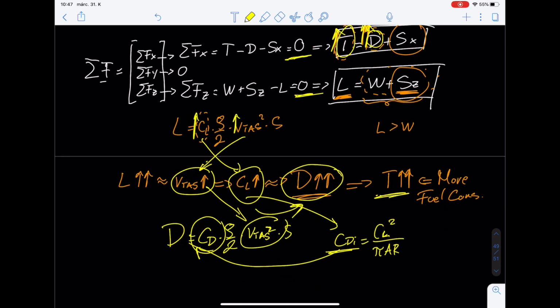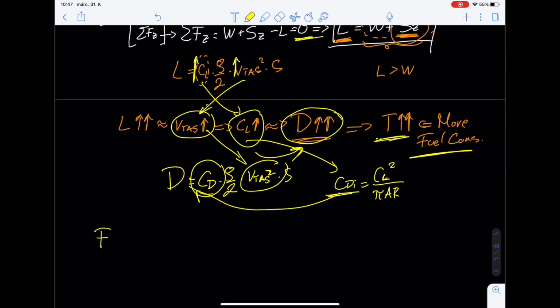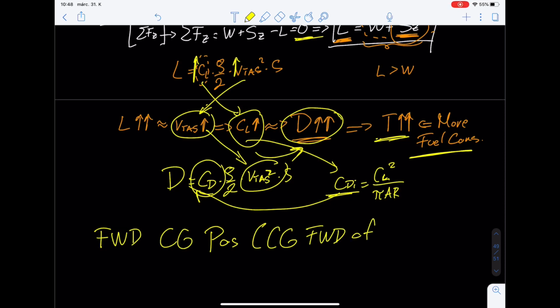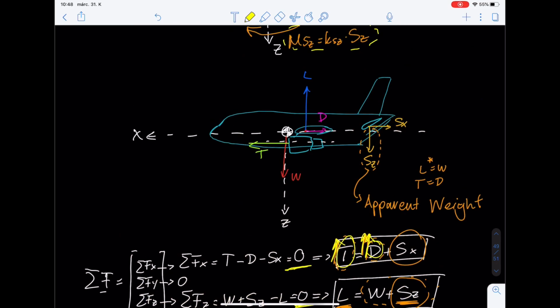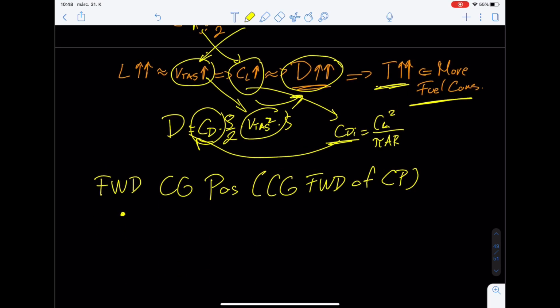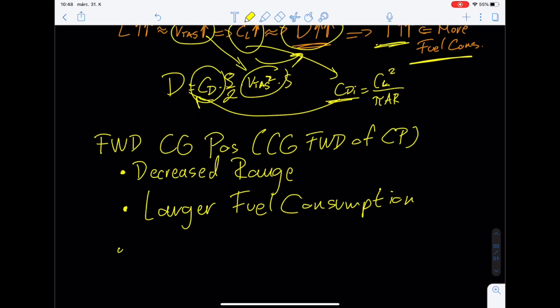So altogether, because of this larger thrust and larger fuel consumption, a forward CG position, so when the center of gravity is forward of the center of pressure, is going to lead to, because of the downward force generated on the stabilizer, which acts like an extra mass on the aircraft, an increased range, or sorry, quite the opposite: a decreased range, larger fuel consumption, and shorter endurance.